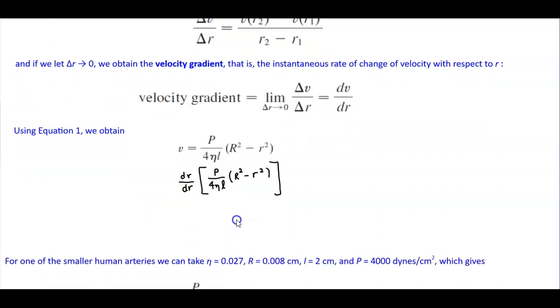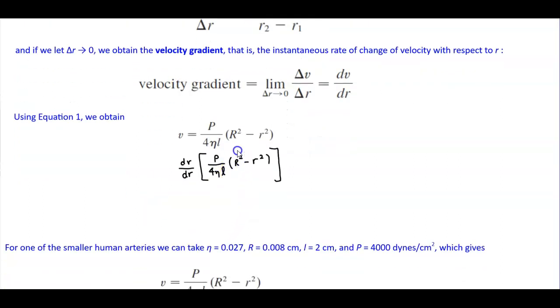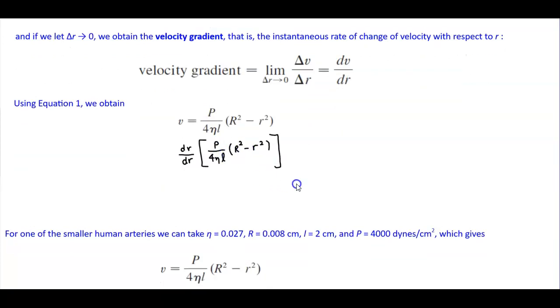The derivative means we have two things to take a derivative of. So we take the derivative with respect to r of the following: the R squared, and then minus, if we distribute, lowercase r squared.